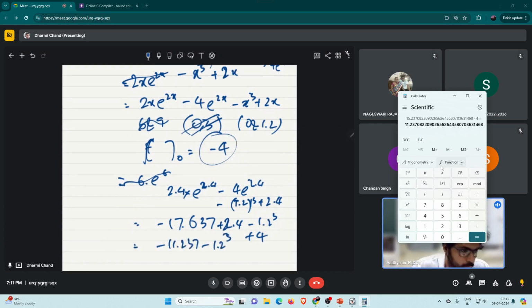So 1.2 cube is 12, 144 or 1728. I will just calculate 144 into 12. Yeah, 1728. So 1.728. So 1.728 plus 11.237, I get minus 12.965. So that is what I should get.